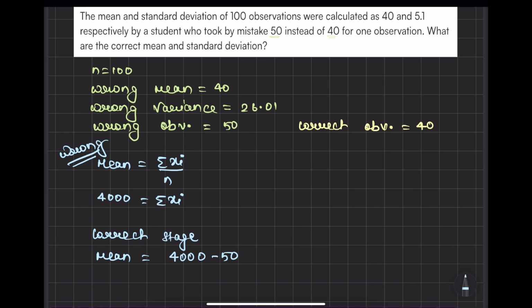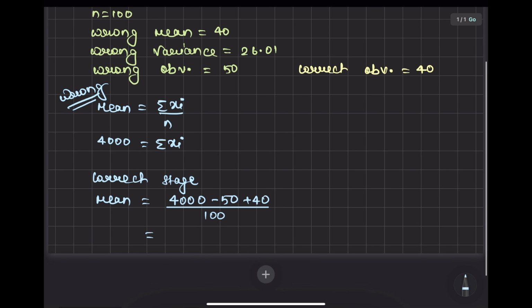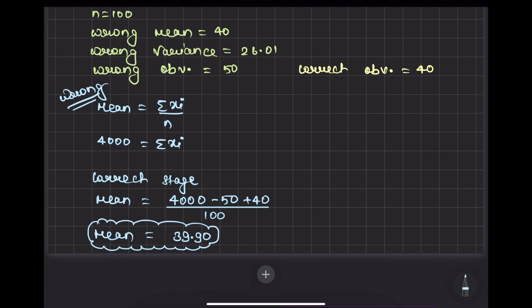Instead of 50 we will introduce 40, and then divide by the number of numbers. So it is 3990 by 100, which is 39.90. Therefore the correct mean is 39.90. I hope till this part you guys are okay.